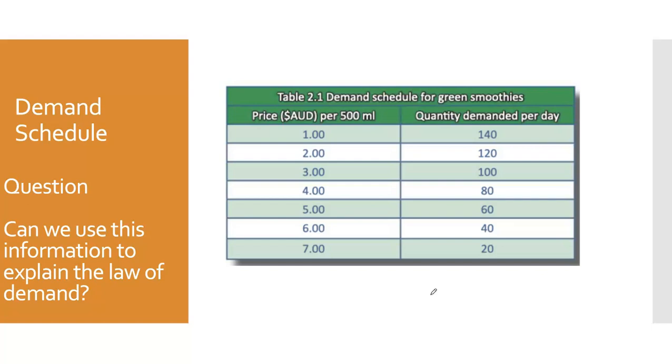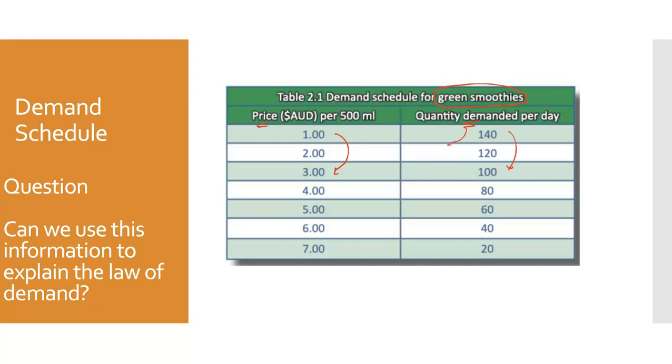And we start to see this in concepts of actual products. So in this case, we are looking at a product, which we will go through for this entire video, on smoothies. You can see as price goes up, for example, from $1 to $3, the quantity demanded will reduce.